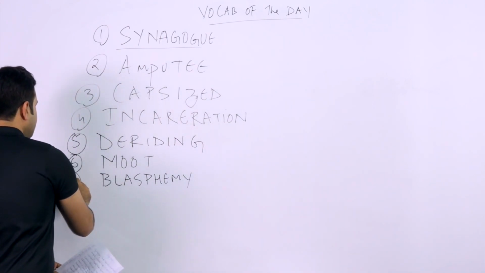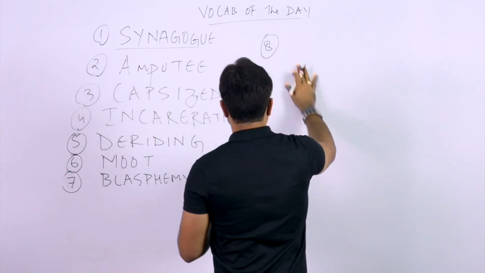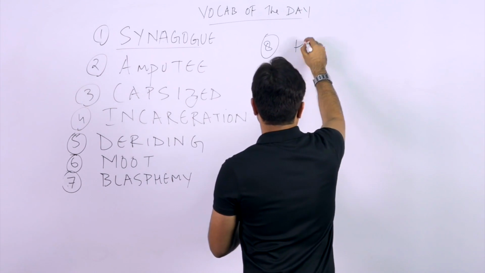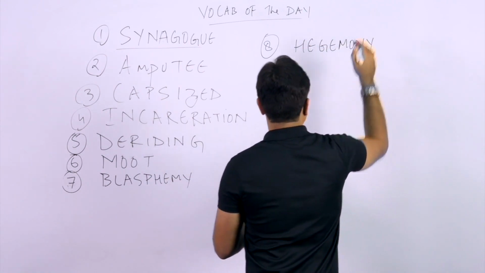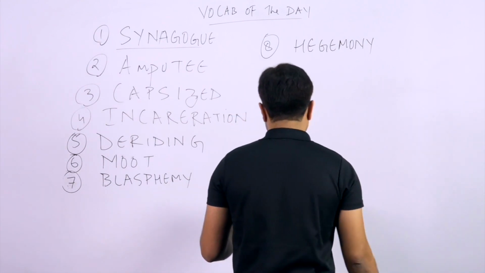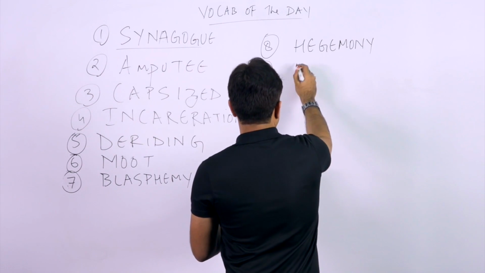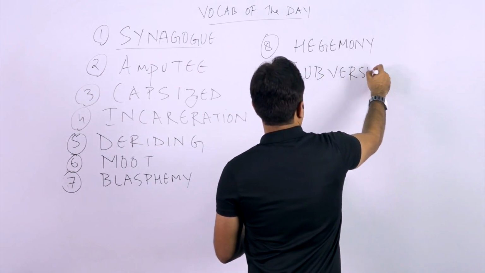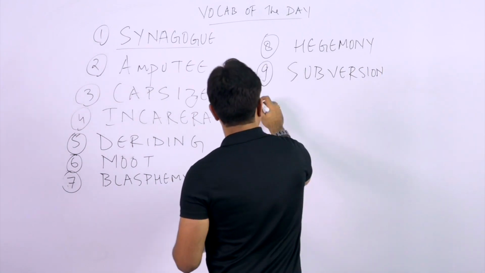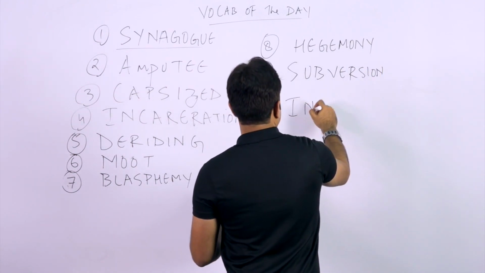This should be the seventh word. And the eighth word I have taken, again I will write the eighth word on the board, is hegemony, hegemony. Fine. The ninth word which I have taken is, students, subversion. The 10th word, the last word, is incumbent.